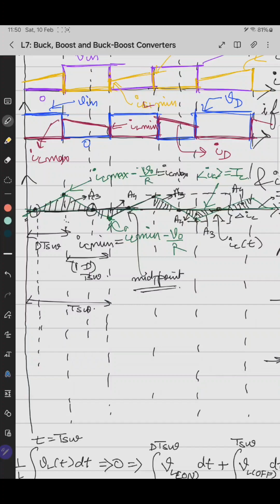What will be this? This will be D into T switching. Similarly, from here to here, or I'll erase this to avoid the confusion.